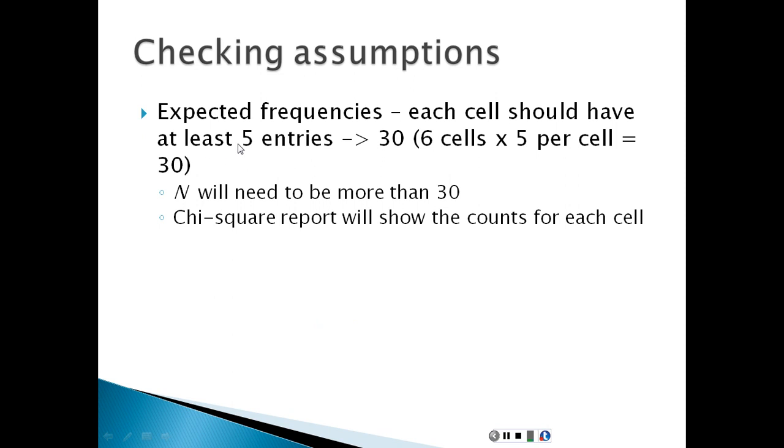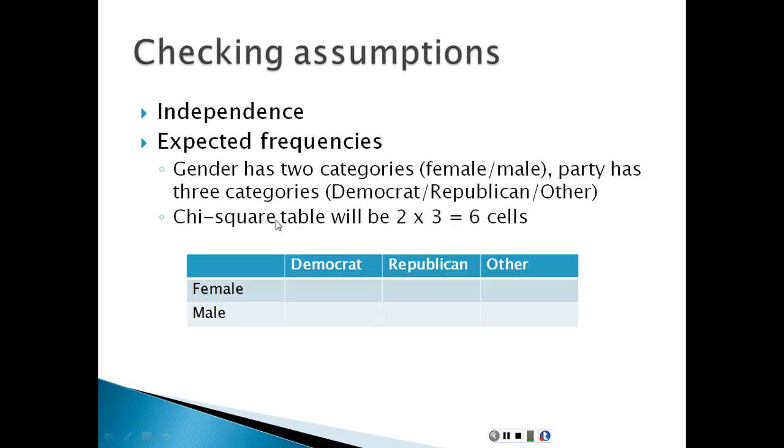If I said that each cell should have at least 5 entities, I'm talking about these cells right here. For this particular cell, female and Democrat, I should have, in my data set, at least 5 females who are Democrat, at least 5 females who are Republican, and at least 5 females who fall in the other category. Same with male: at least 5 male Democrats, at least 5 male Republicans, and at least 5 other.